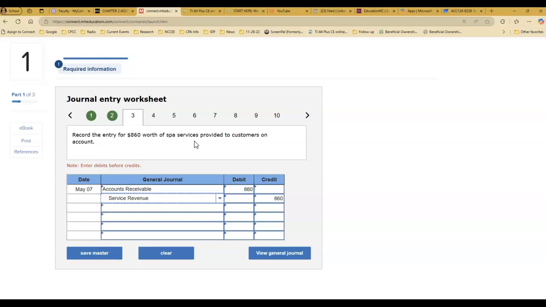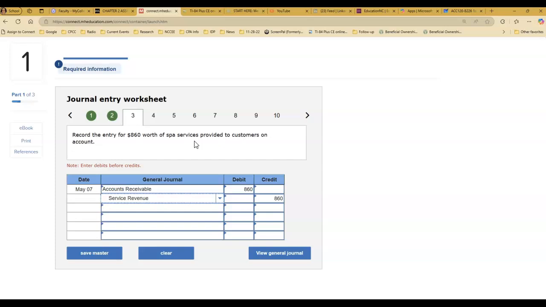It's not necessarily about it being earned. What's the word in the statement that tells you that it's service revenue? It says that we sold services, right? Because maybe we did somebody's nails, maybe we gave a facial, maybe it was some kind of mud bath. Who knows, right?